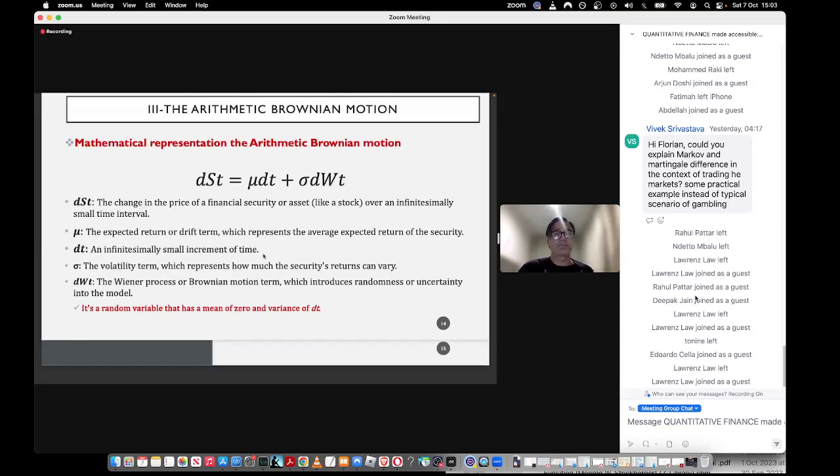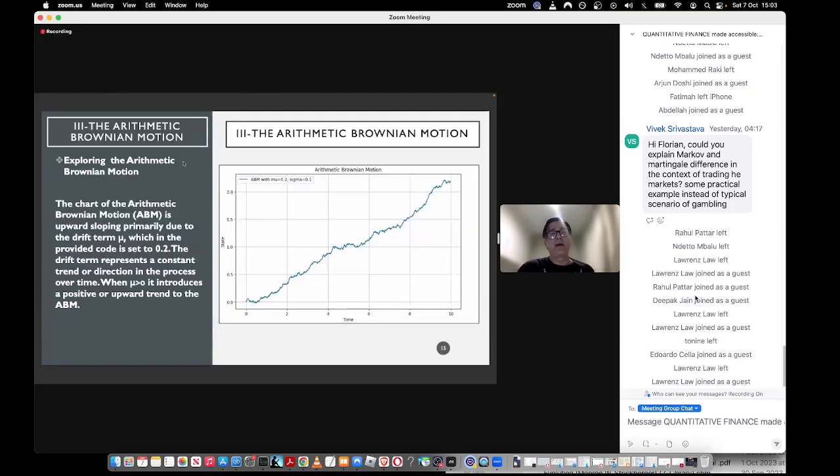Here you can see the arithmetic Brownian motion, with time here and the state where you are, which can be a price or a walker, whatever. You can see an upward sloping chart.